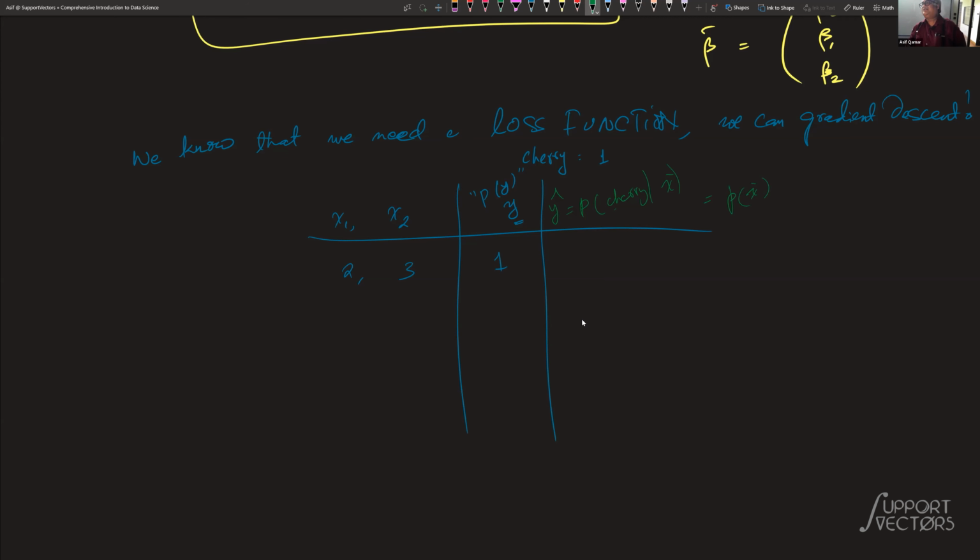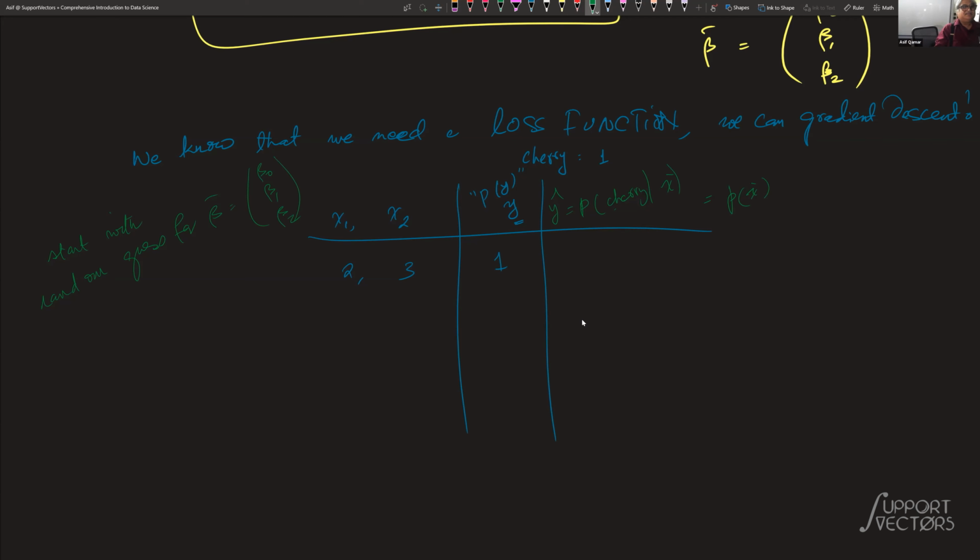Let us say that you use a sigmoid function. You just start by taking random values, a random guess for beta. Just take some random values for beta naught, beta 1, beta 2, and you did that.